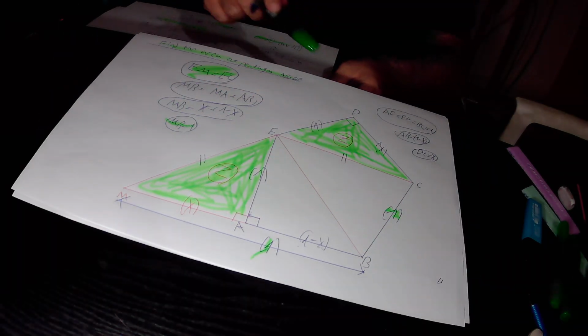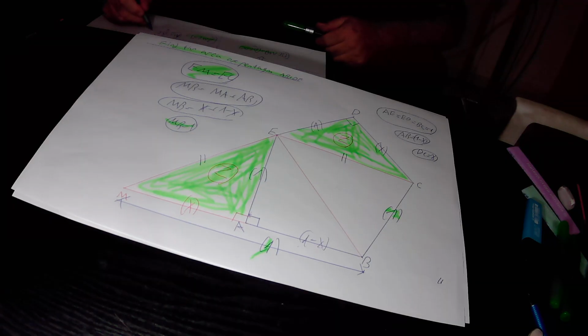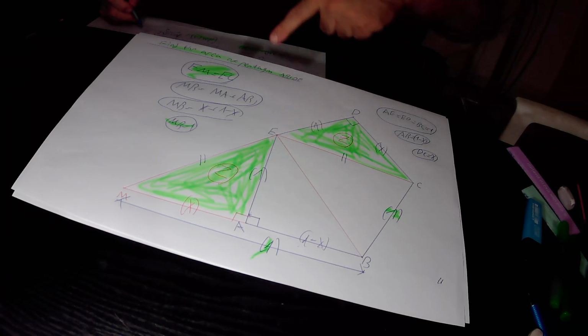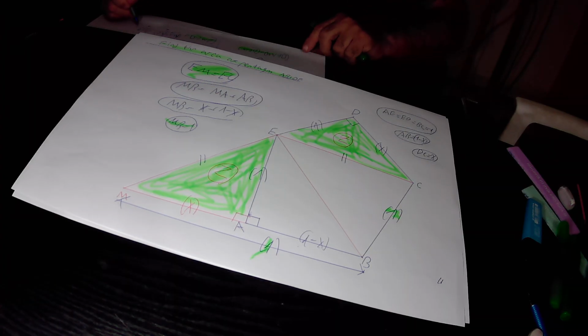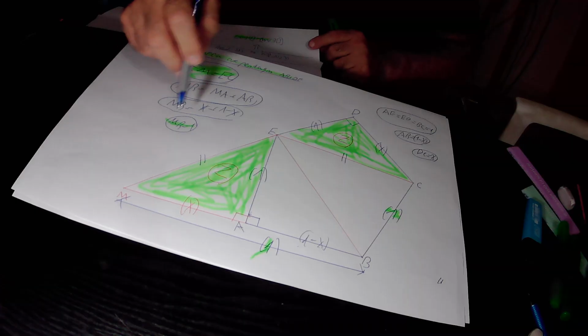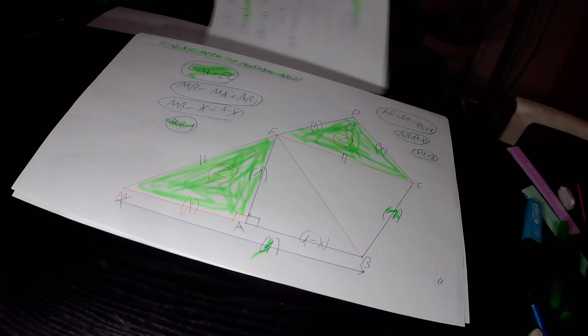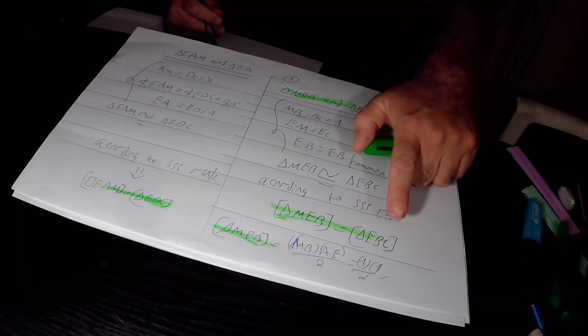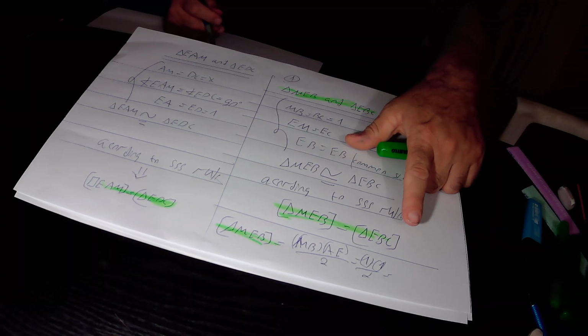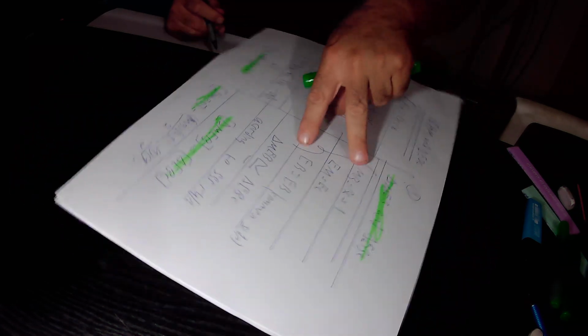MB is 1 times AE, this is also 1, divided by 2. So in total, we have found out that the area of this MEB is equal to 1 times 1 over 2. 1 times 1 is 1, so total the area of the triangle MEB is equal to 1 half square inch in its size.